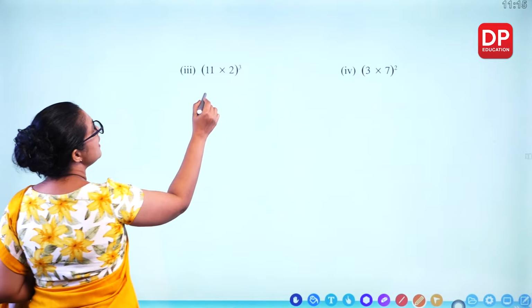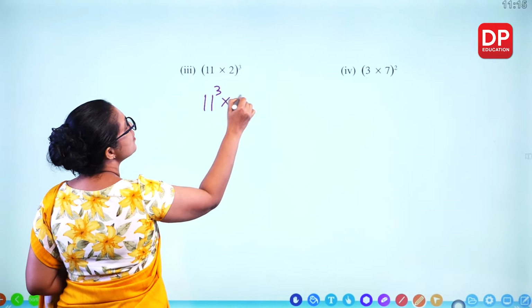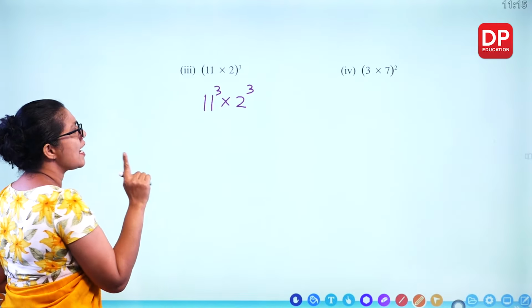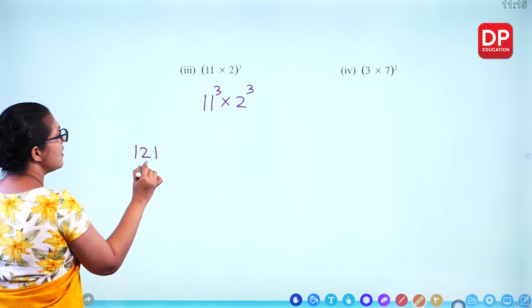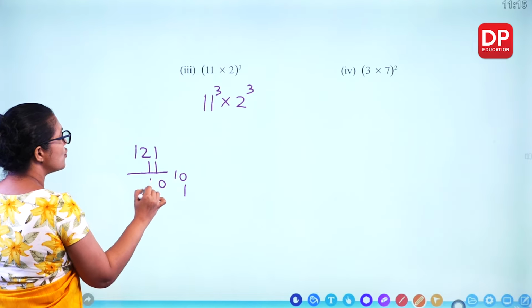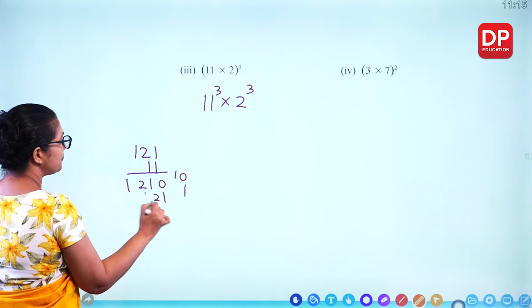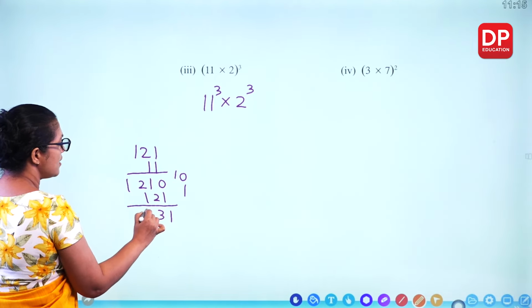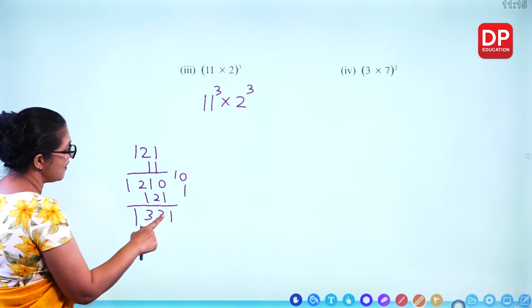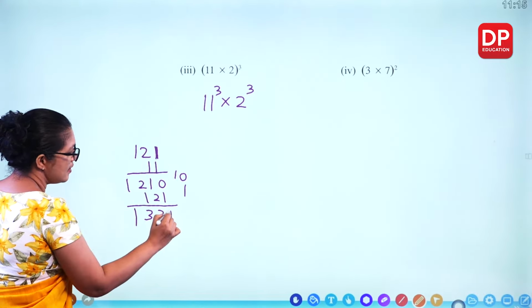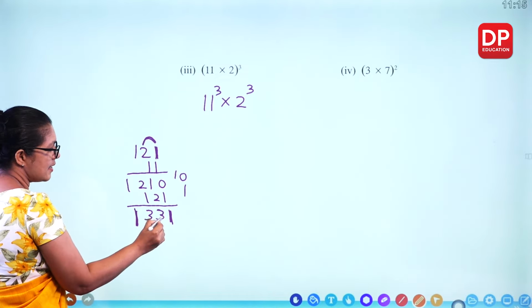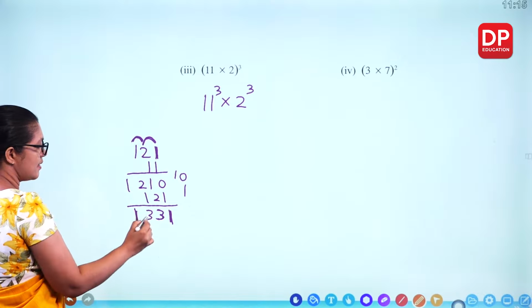This one, 11 to the power 3 and 2 to the power 3. 11 to the power 3, 11 times 11, 121 times 11. So what's the easiest way to do? I told you, you can get it straight away. So here 1 and 1 there. 2 plus 1, 3. 2 plus 1, 3.